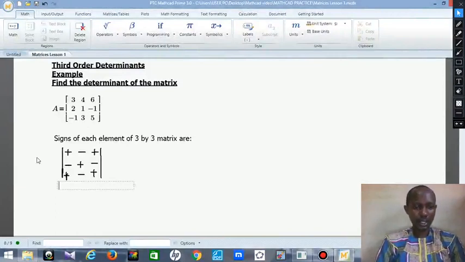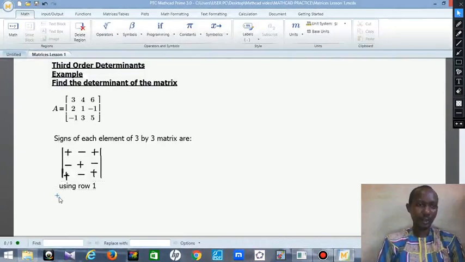Using row 1, which is the first row, take note of the signs. That means you bring 3 out, and the sign will be plus 3.